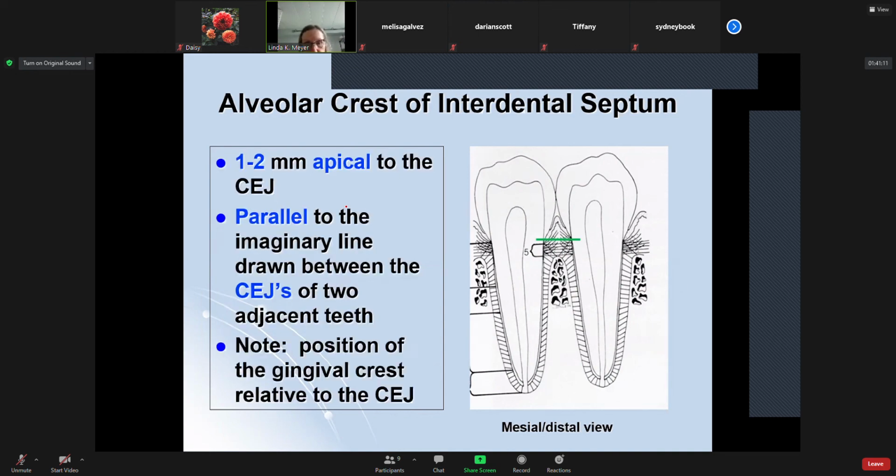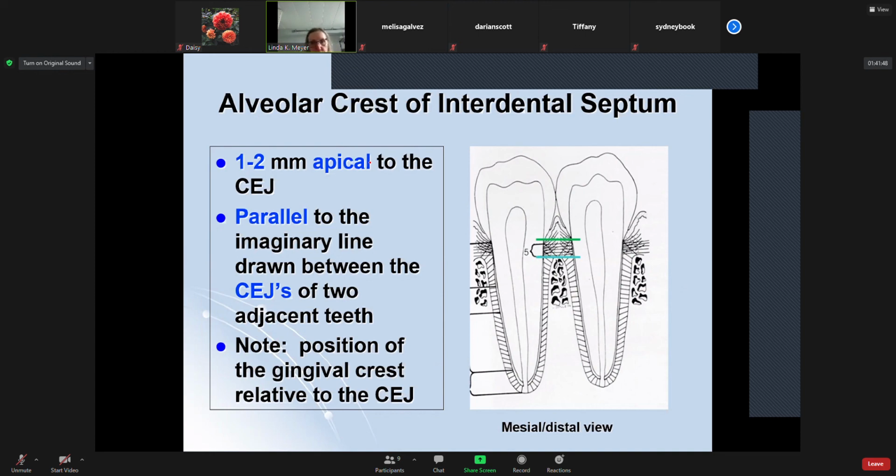So right where the blue line is, that shows you the alveolar crest. The green line shows the CEJ, so the crest is going to be 1 to 2 millimeters apical to the CEJ. I want you to notice here as well that when I draw an imaginary line, the green line, between the CEJs of adjacent teeth, and then draw the alveolar crest line, those two lines should be parallel.